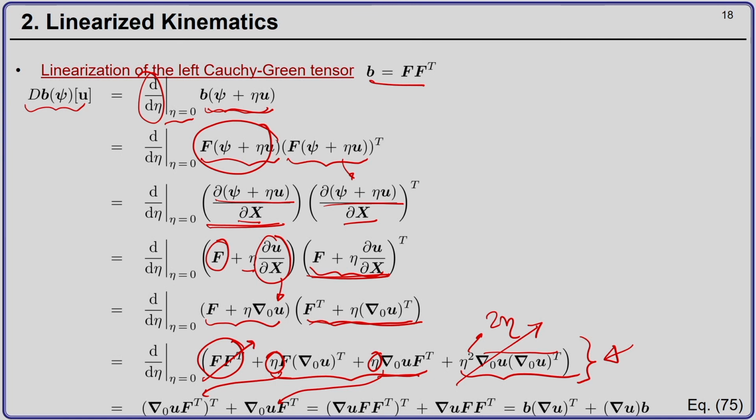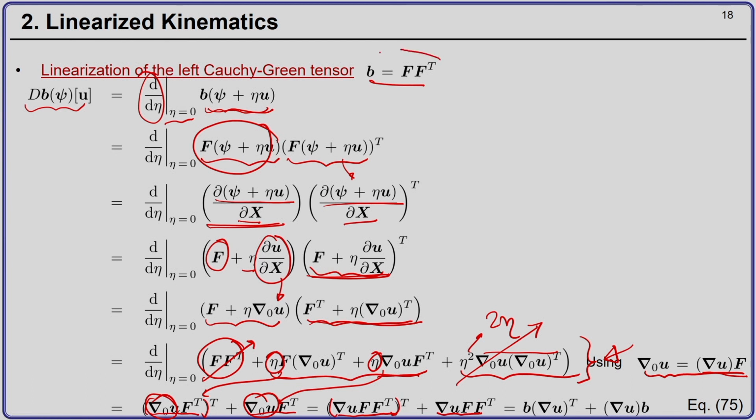So, what I am left with is the material gradient of u times F transpose plus F times the material gradient of u transpose. Now, I can use this relation which we already have derived. The material gradient of u is nothing but the spatial gradient of u times F. If I substitute that here, I will get the spatial gradient of u times F F transpose, plus F F transpose times the spatial gradient of u transpose.